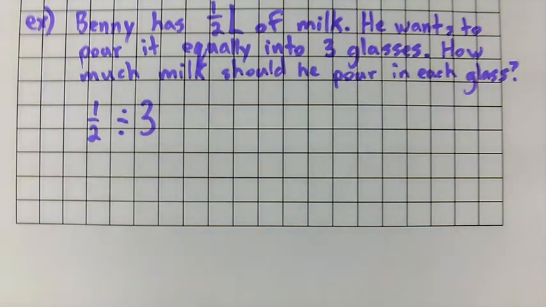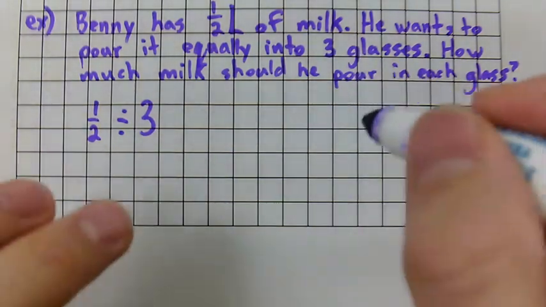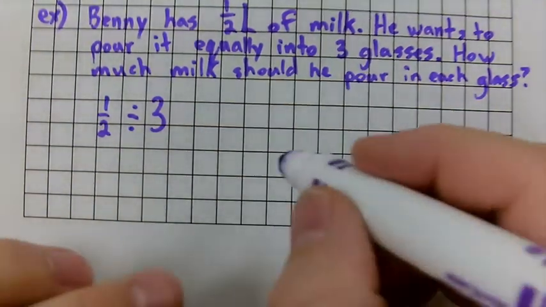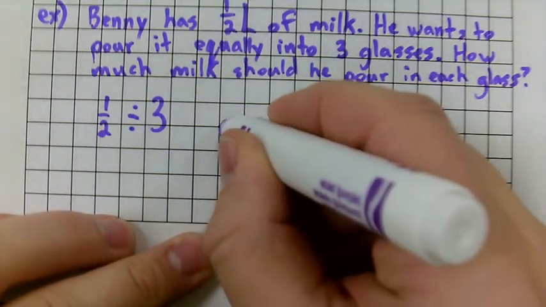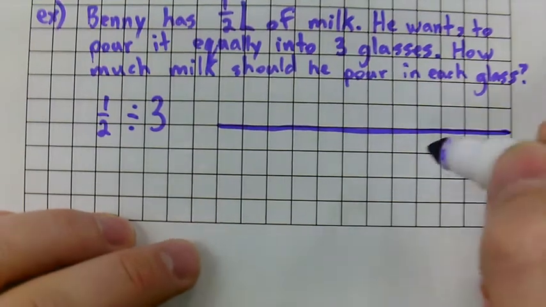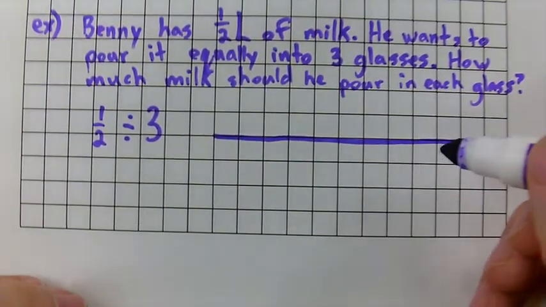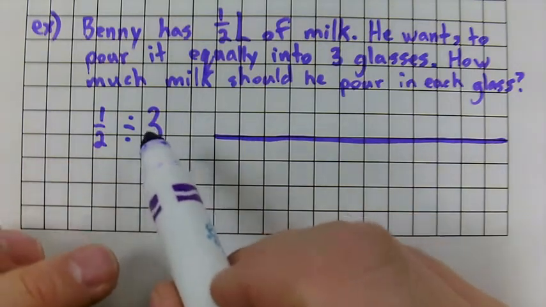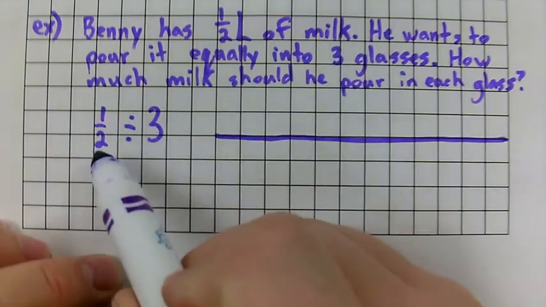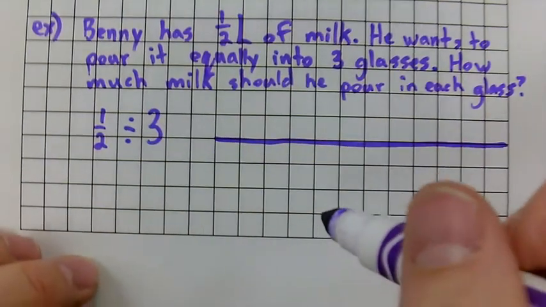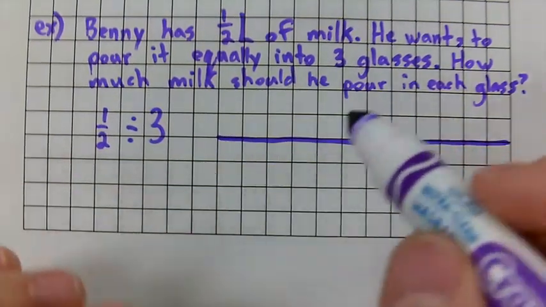I'd like to use a number line to figure this out, but I don't really know right away how many boxes to have along my number line. So here's an idea that I learned. If I multiply the numbers that I have here, that's how many boxes will be spaced out.